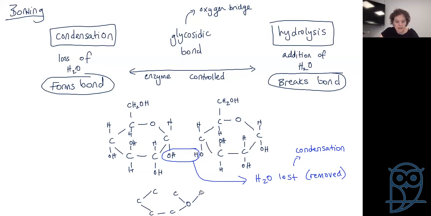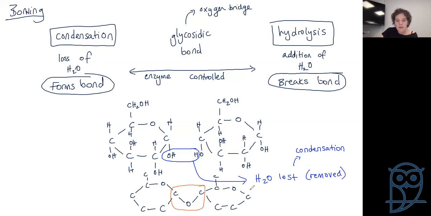My ring comes off my carbon. This one also comes off the carbon, not off the oxygen bridge. There's the other oxygen, and there's the other carbon. So our glycosidic bond is this here, where we have removed our water.